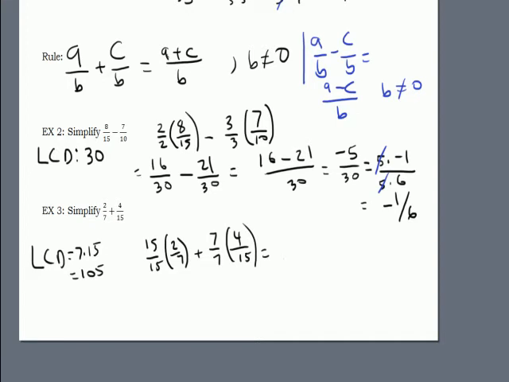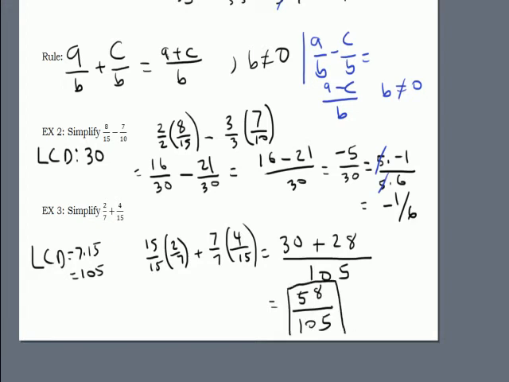Now this process is going to give me a common denominator of 7 times 15, or 105, in the denominator, and my numerator should be 15 times 2, which is 30, plus 7 times 4, which is 28. Working this out, I will get 58/105.